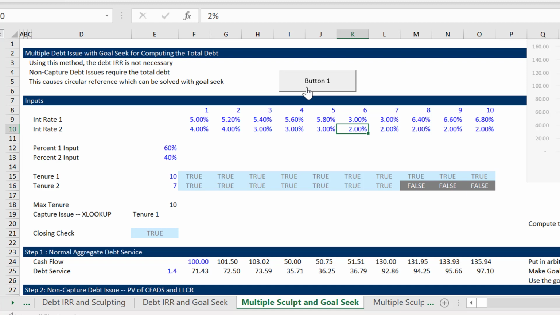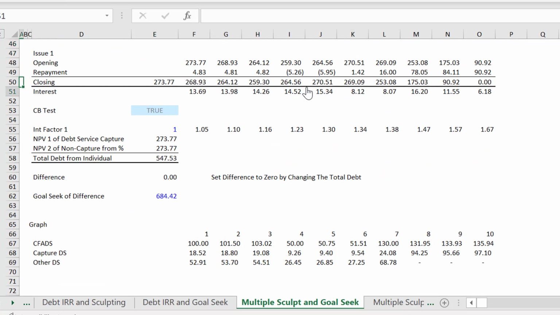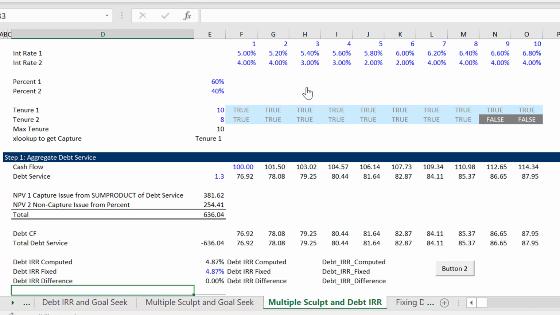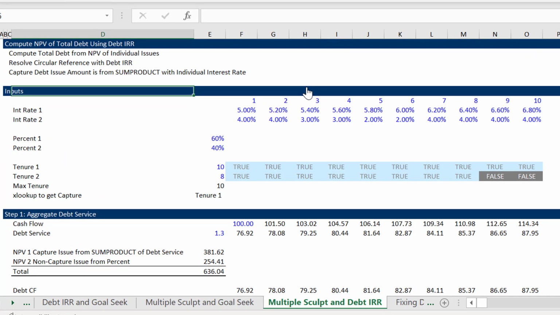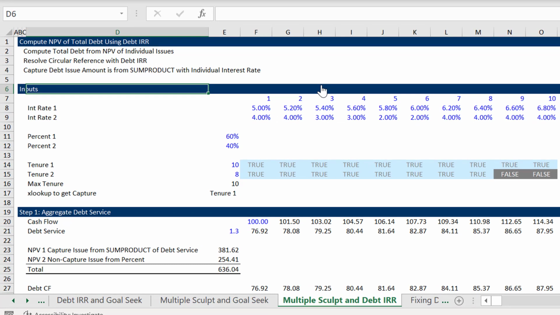Now, let's do the last method. Now, I'm not going to move things around, but I think what I probably should have done really is to put all of these debt issues, this NPV of the debt issue, at the top. I'm not going to do that because I didn't name the range. So now I'm going to show you another technique, which is just an alternative.